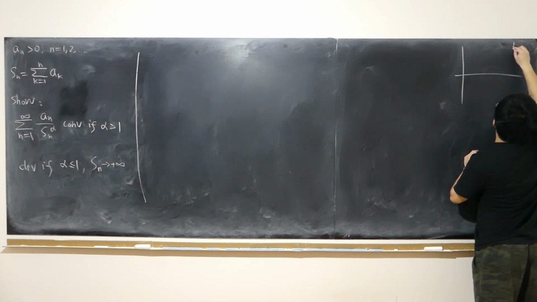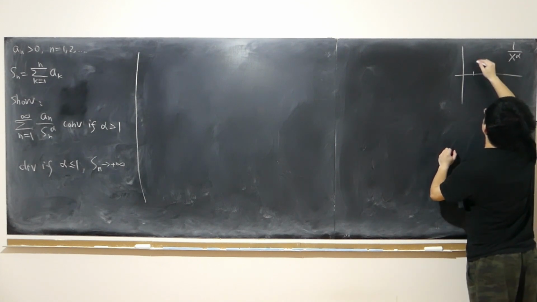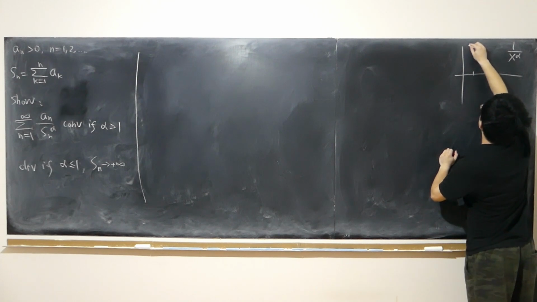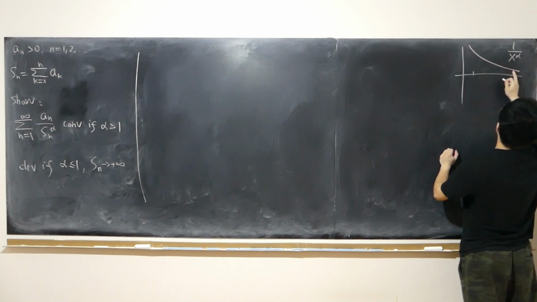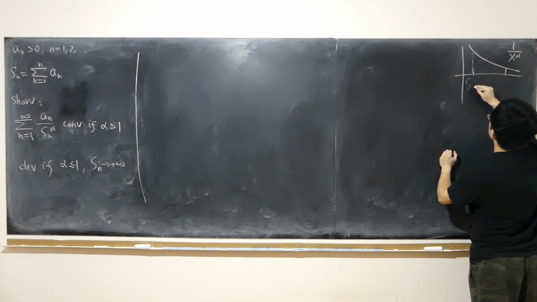So first, let's look at this graph. The function is 1 over x to the power of alpha, the same alpha. This graph should be decreasing, because alpha is bigger than 1, so 1 over x to the power of alpha must be decreasing. So I'm looking at this definite integral, from Sn minus 1 all the way up to Sn.